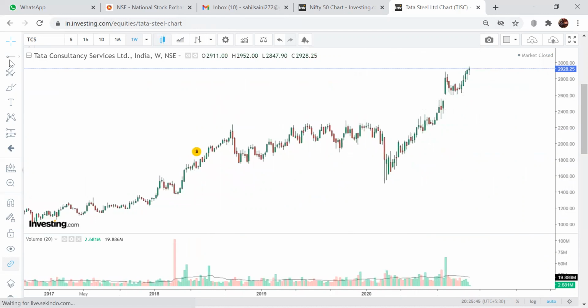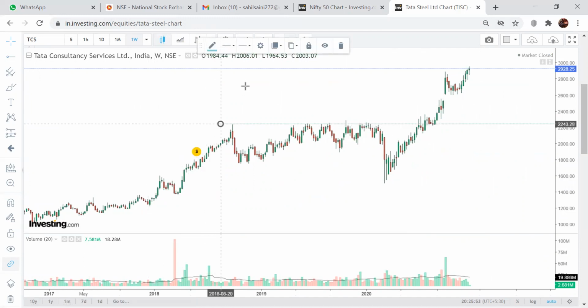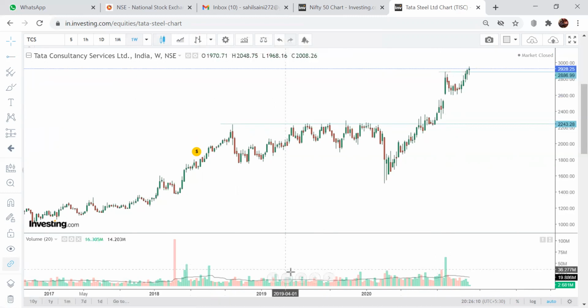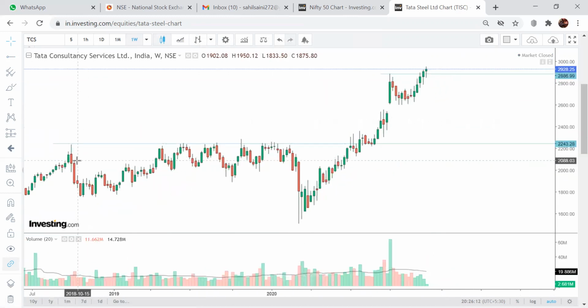1 week candle again, and wow, this is good. This chart is good, and we still have some very good up move. First it was taking resistance at this price for the last 2 years, and then a very good breakout.